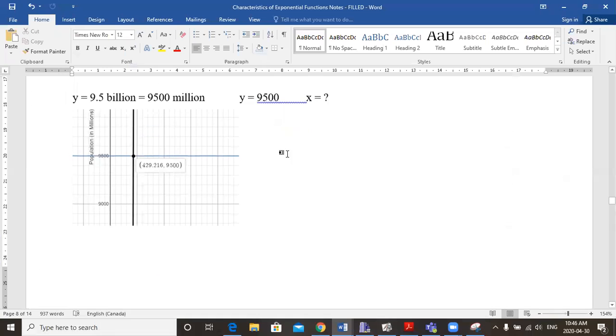Okay, so then x equals 429.216. So the year will equal 1900 plus 429.216, which would equal the year 2329.216.